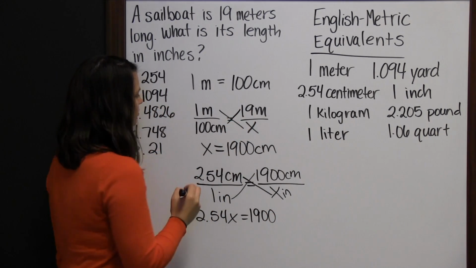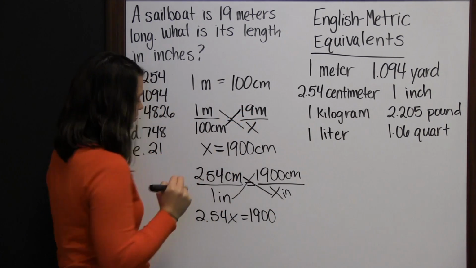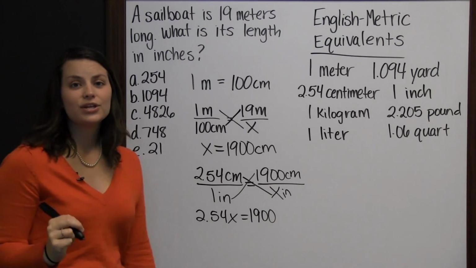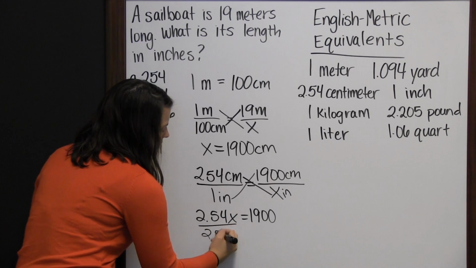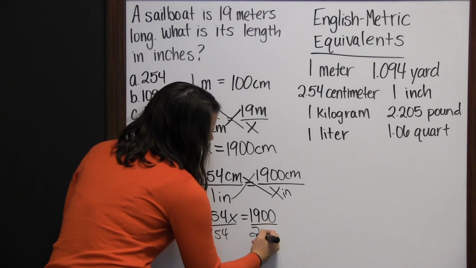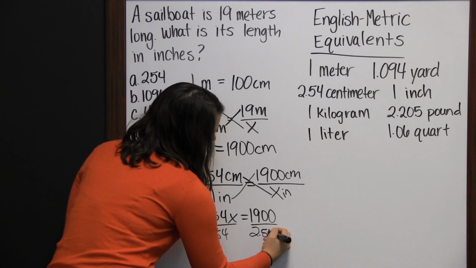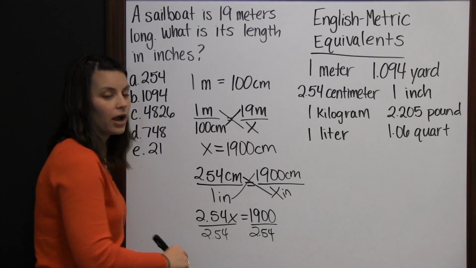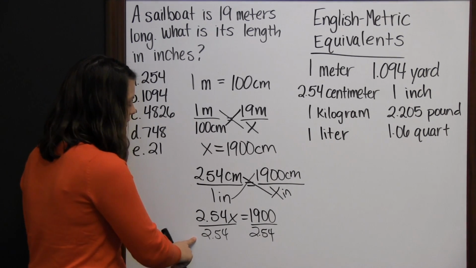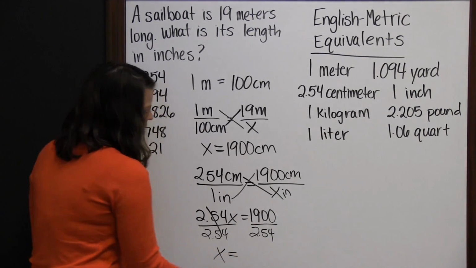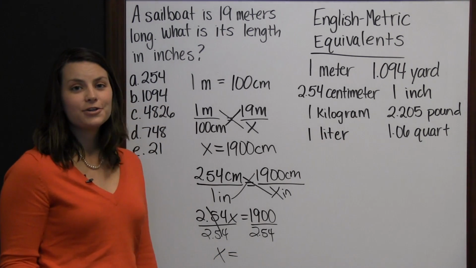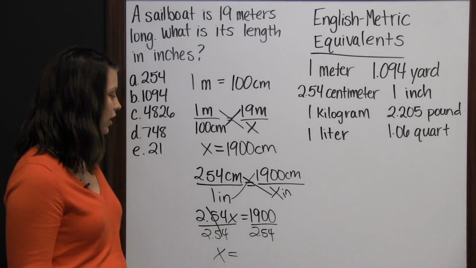And I forgot to put my little line up here, so I'll do that. And now we need to solve for x, which means dividing both sides by 2.54. 2.54 divided by 2.54 is 1, times x is x, and that equals 1900 divided by 2.54.